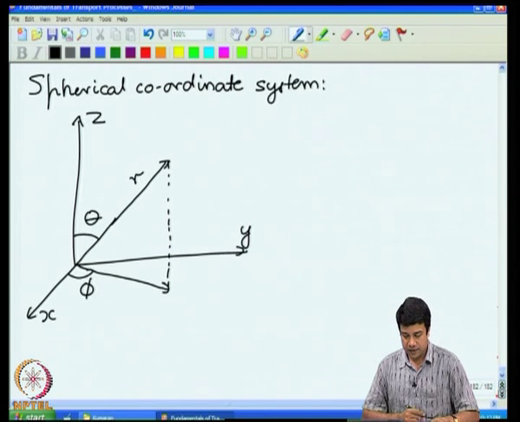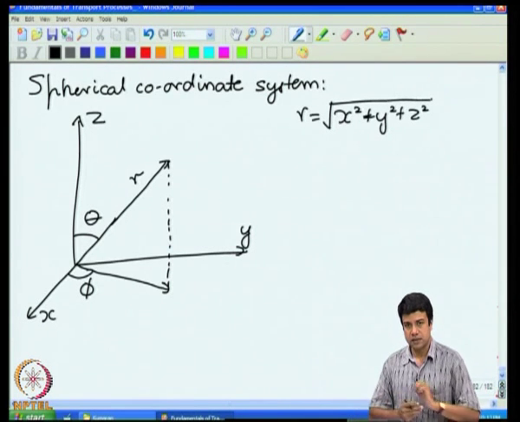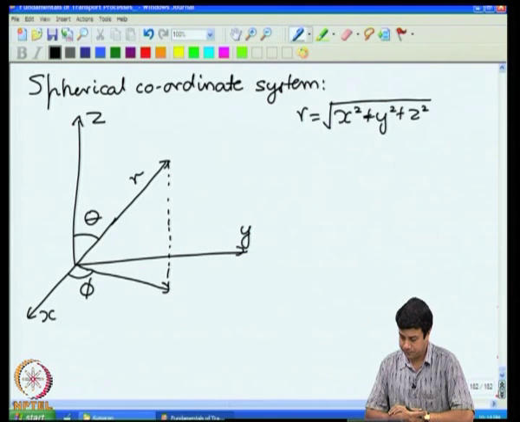So, in terms of the x, y and z coordinates of this coordinate system, r is just the distance from the origin, which is square root of x square plus y square plus z square. Theta is the angle that is made with respect to the z axis.